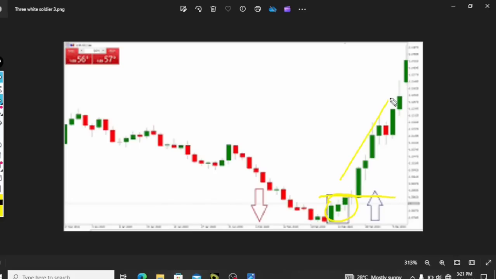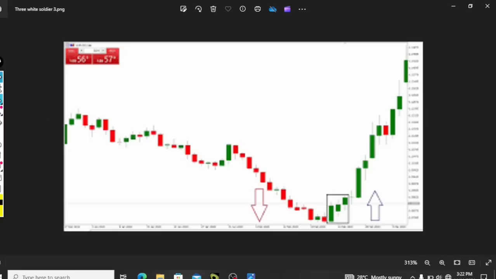This could have given you $1,000 or $2,000 or $5,000, $10,000, depending on the lot size that you use. Someone else could have made even $1 million in this setup, but that is not what matters. What matters is being able to identify that it is three white soldiers and being able to trade it with confidence, knowing that the chance of success in this one is above 95%.